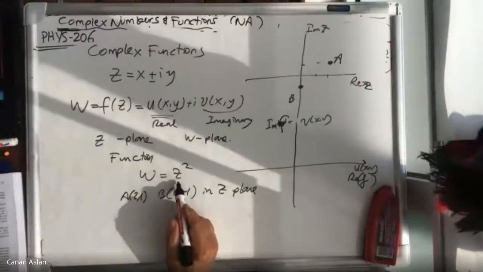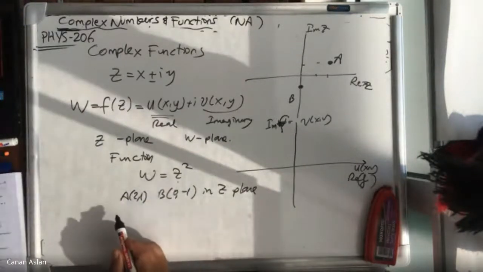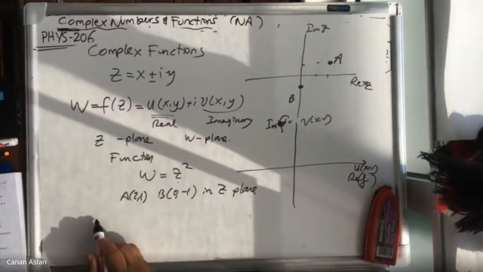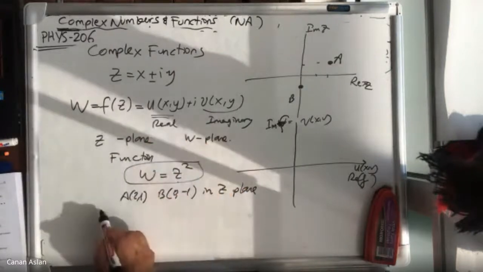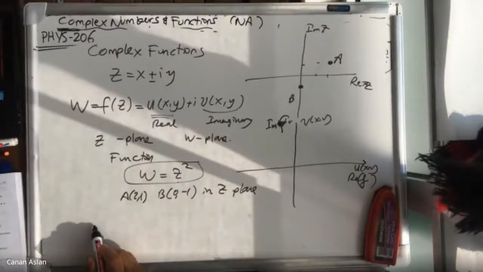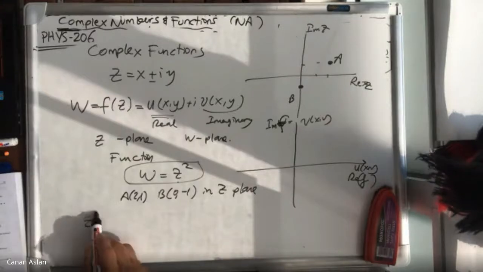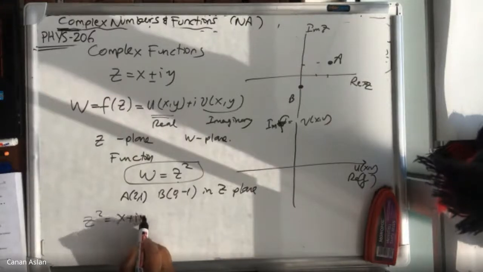Since we have z squared, a simple square of this function, z squared equals (x plus iy) squared.